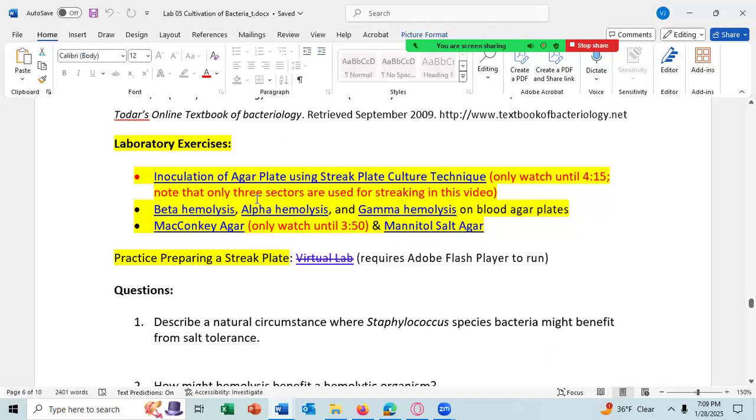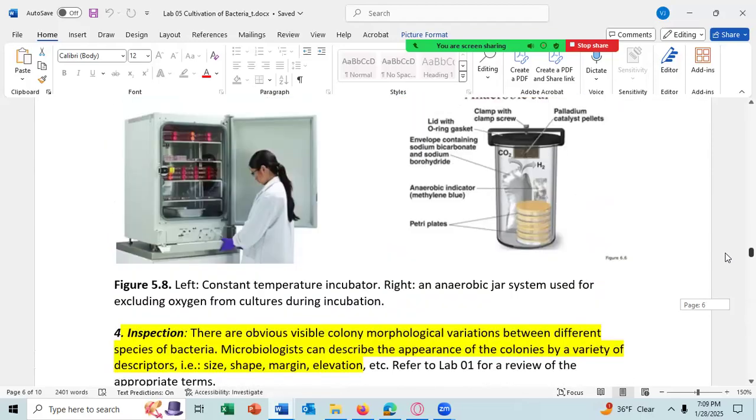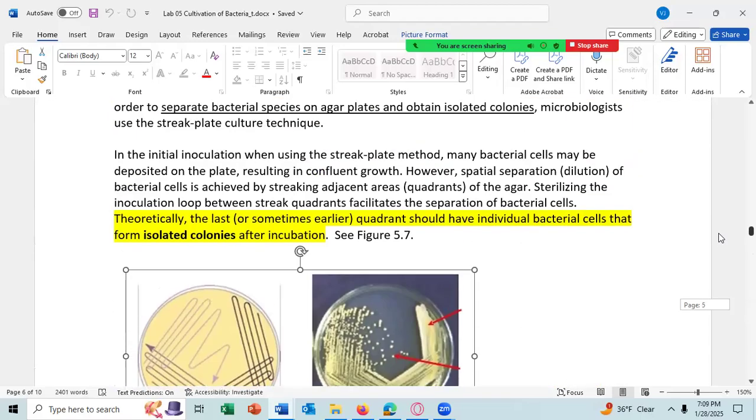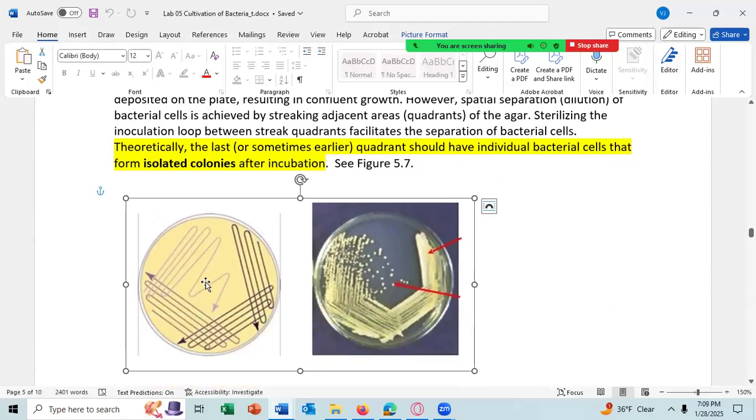The video is also only streaking 3 sectors, and we showed you 4 sectors above. It doesn't matter as long as you get isolated colonies. Oh, let me state one other thing on getting isolated colonies. It doesn't matter where you get the isolated colonies. Here we're getting it in quadrant 4, but if you had a more dilute culture of bacteria to begin with, you might get your isolated colonies in quadrant 3.